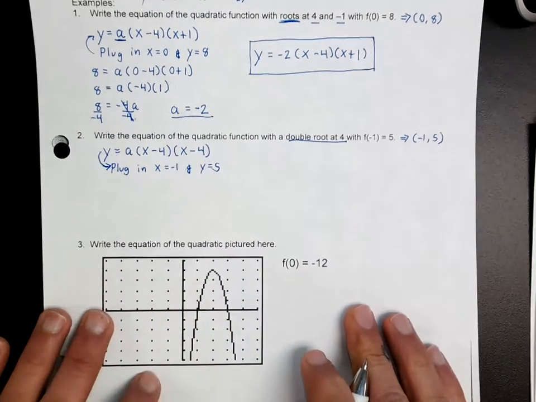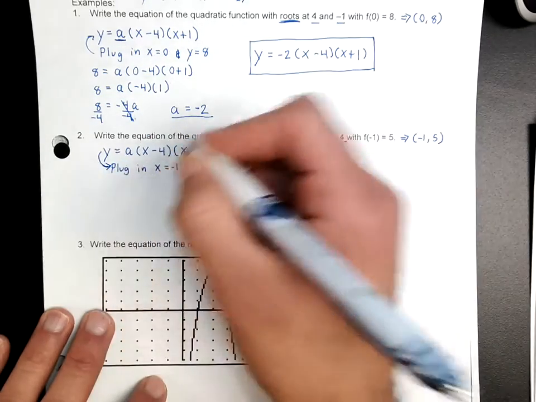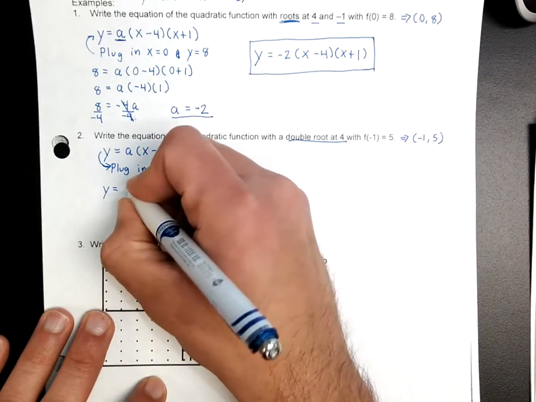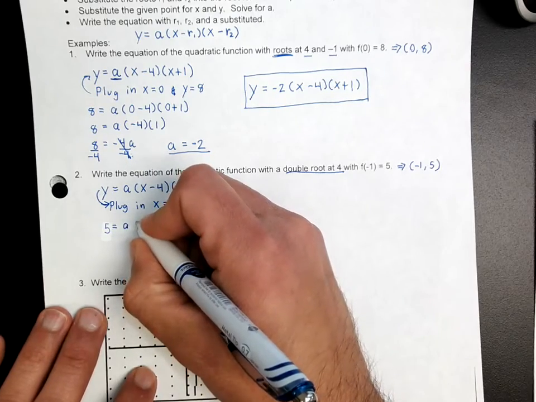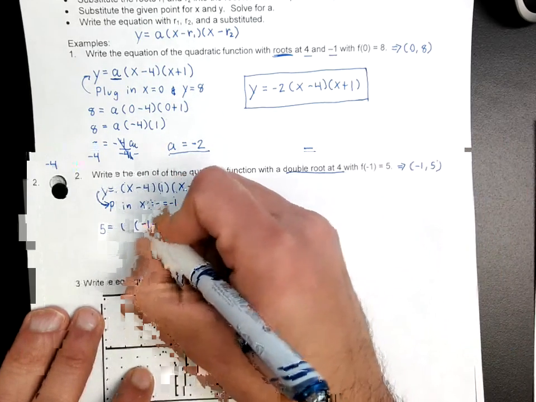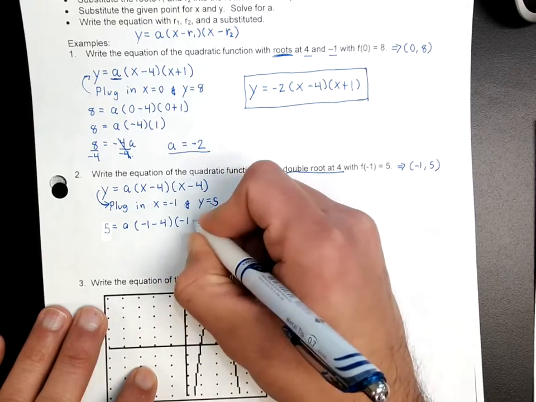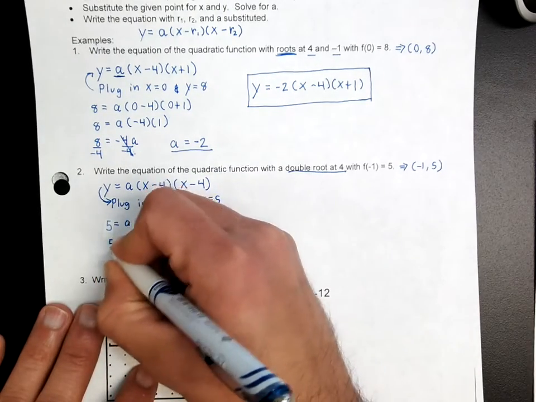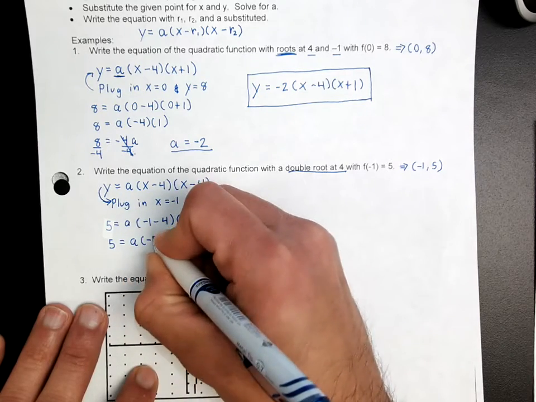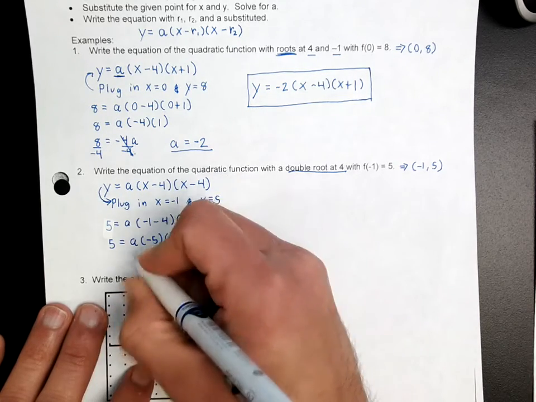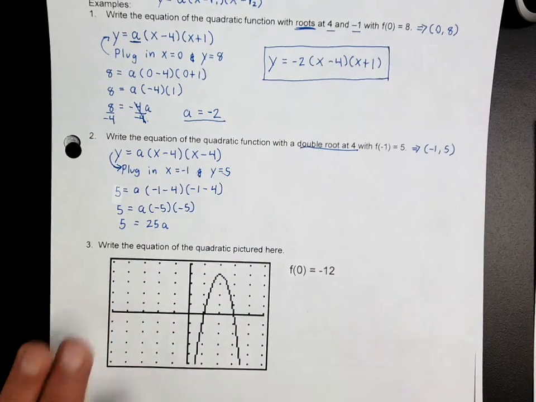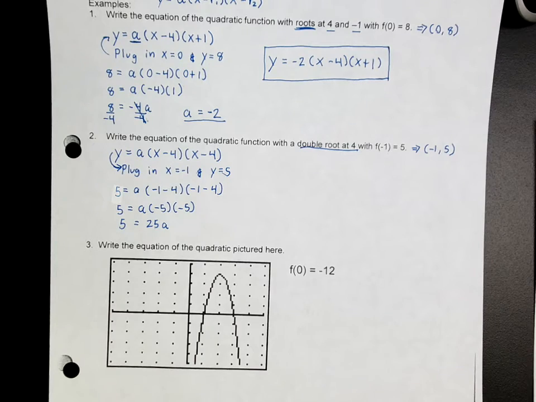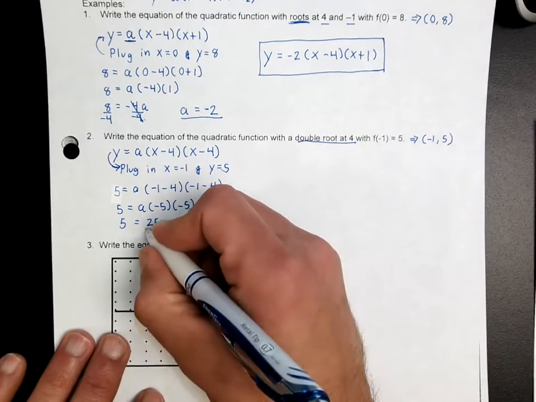So we have 5 is equal to a(-1 - 4)(-1 - 4). This is going to give me negative 5 times negative 5, which is positive 25a is equal to 5. All of this shouldn't be a huge deal for you. This is just very simple algebra. We're going to divide both sides by 25.